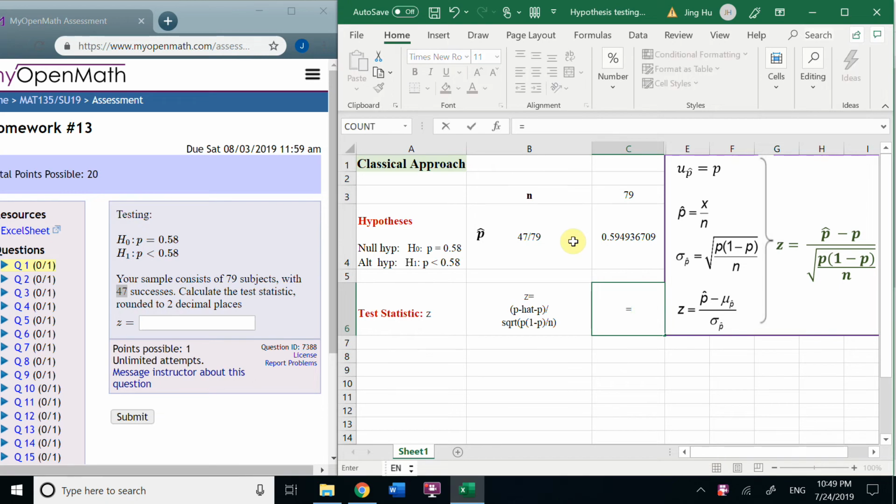So equals, don't forget the parentheses here, otherwise Excel will do the P divided by square root first.